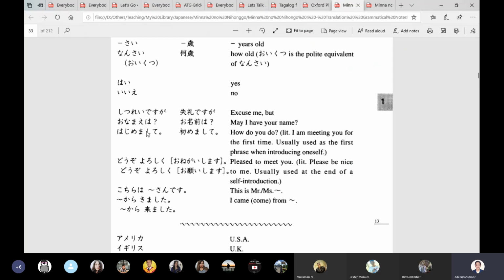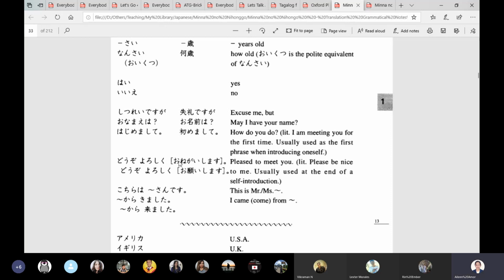And then when you try to introduce yourself, usually at the beginning, you say hajimemashite. It means how do you do? But the literal translation is this is my first time to meet you.